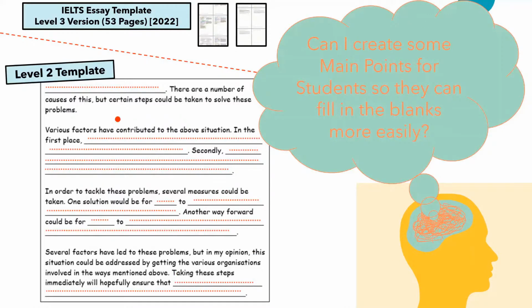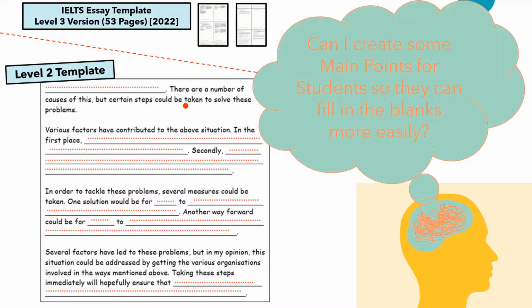But let me just use this image first because it's kind of easier to show you what I'm trying to do, okay? So for the templates, whether it's level 2 or level 3, okay, it just gives you these general words that will help you, but it will not give you words and points, etc., for the whole essay, because I'm not asking you to memorize an essay. That is impossible, okay?